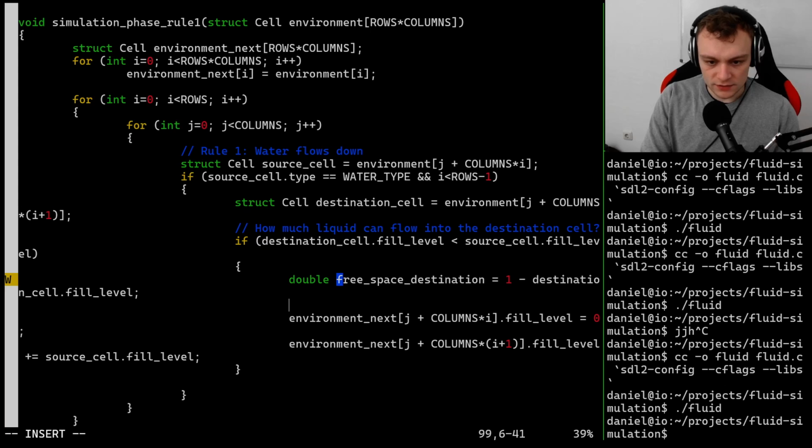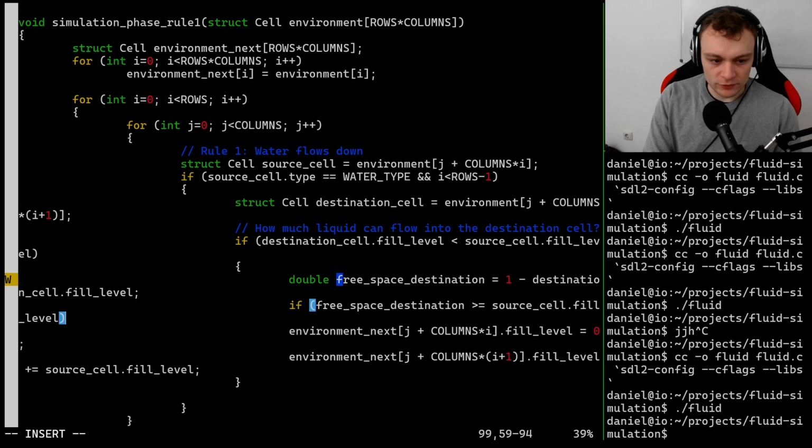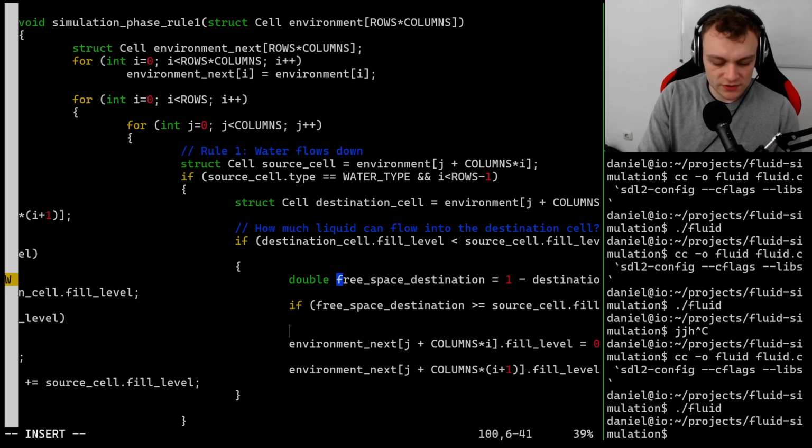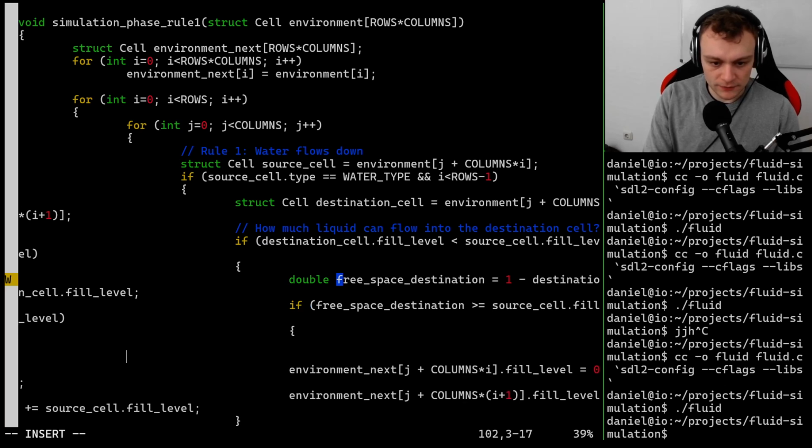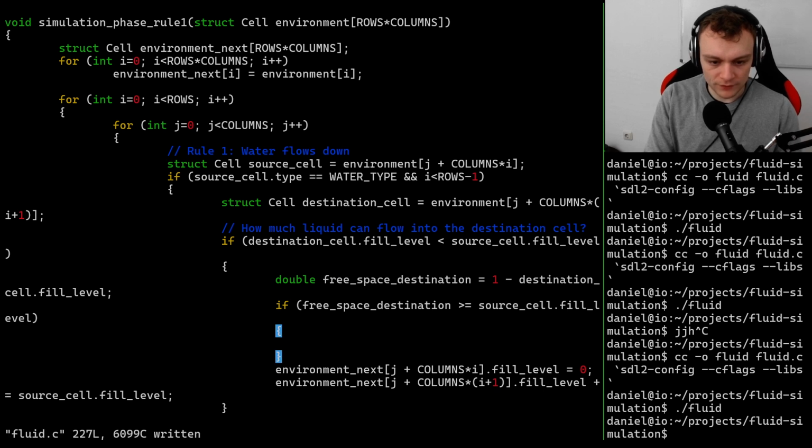And if the free space in the destination cell is bigger, or maybe bigger or equal, than the source cell dot fill level, then we can just empty the entire source cell into the destination cell. Let's do that.